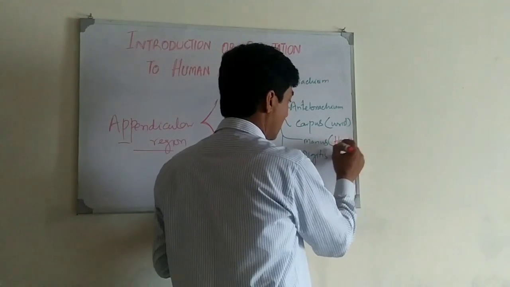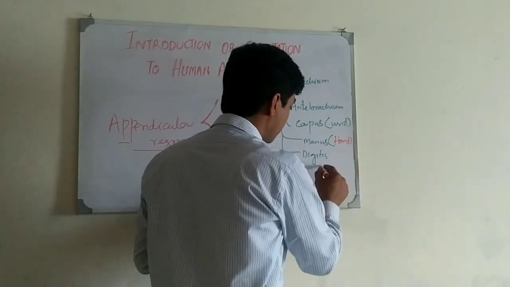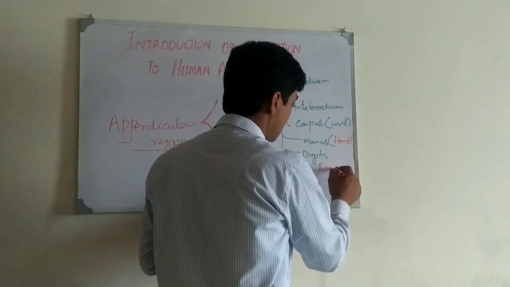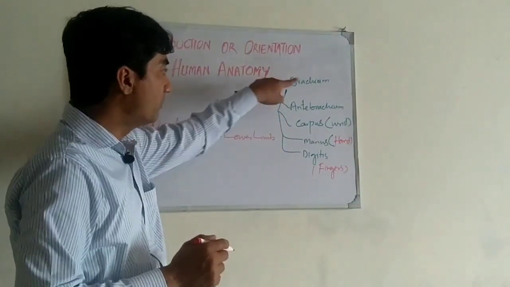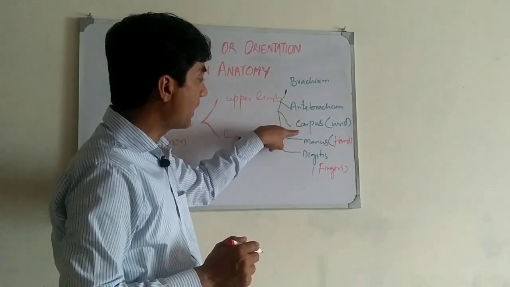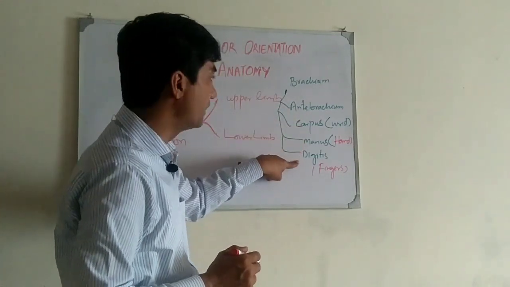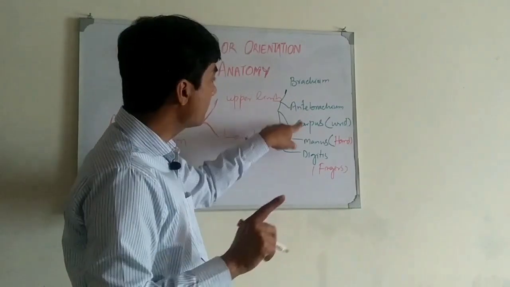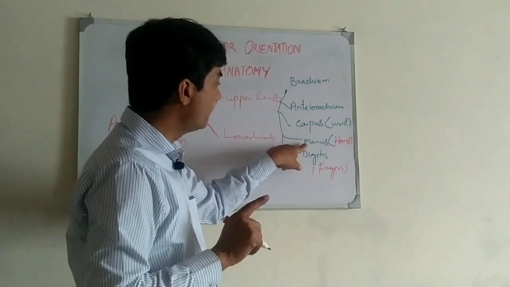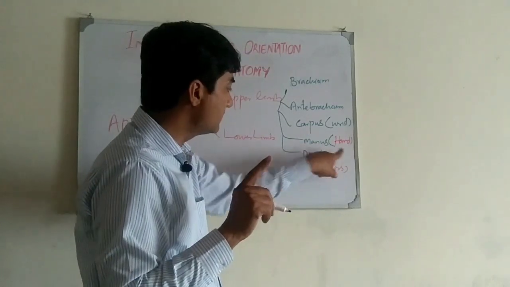And digits are fingers. These are the parts of the upper limb: brachium, antebrachium, carpus, manus, and then digits. Brachium means arm, antebrachium forearm, carpus wrist, manus hand, digits fingers.